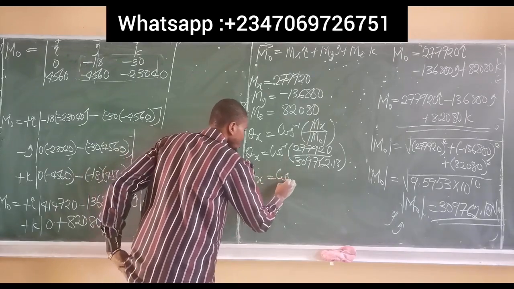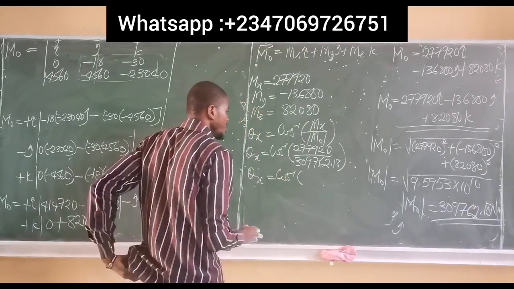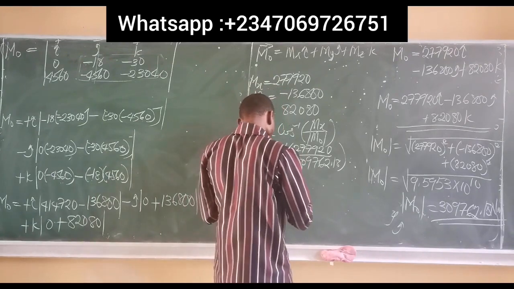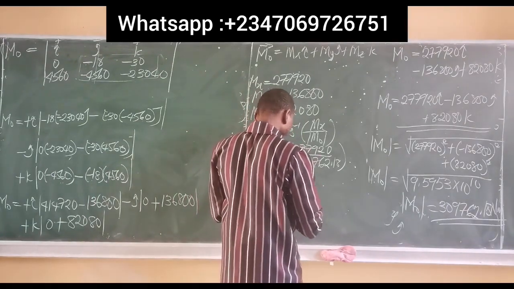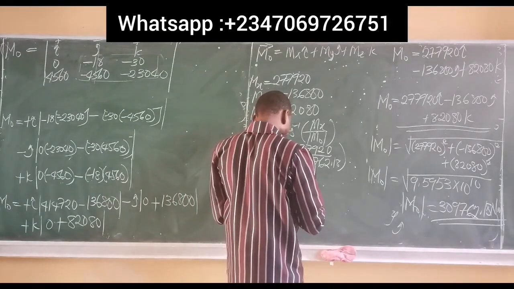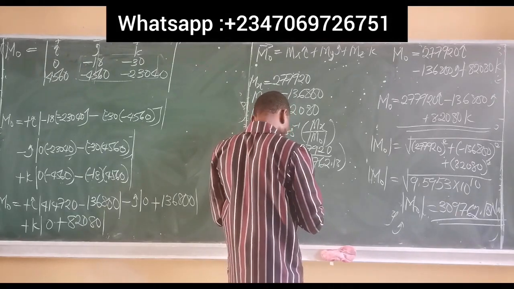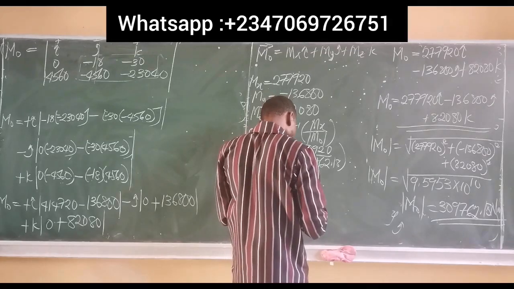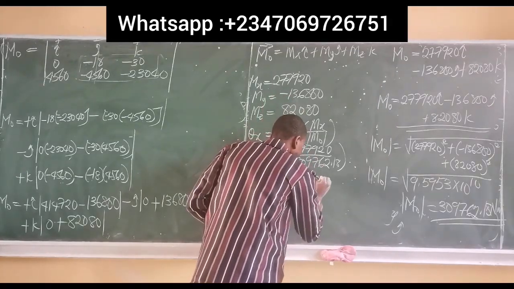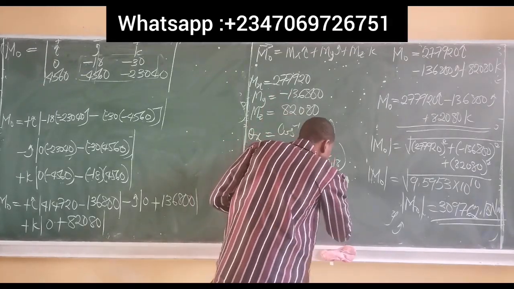All right, so theta x is equal to the cos inverse of, let's obtain this division, 277,920 divided by 309,762.18. We have 0.8972.